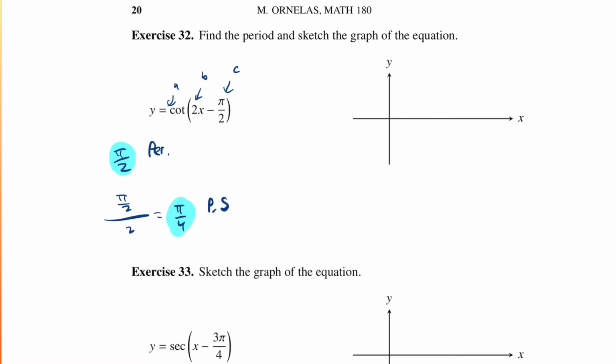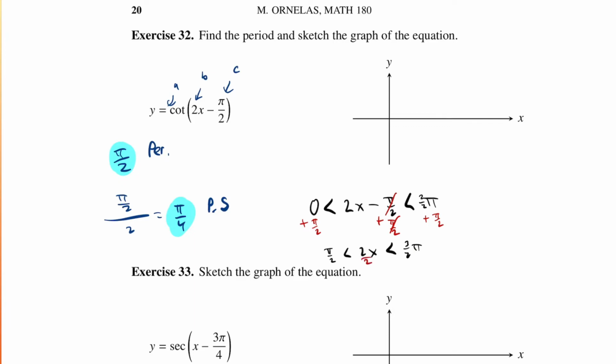All right, so let's do our inequality. This time, remember, for cotangent, the endpoints are 0, the argument goes in between, and the other endpoint, or the asymptote, is going to be pi. So if you add pi over 2 to both sides, you're going to get pi over 2 less than 2x less than 3 over 2 pi.